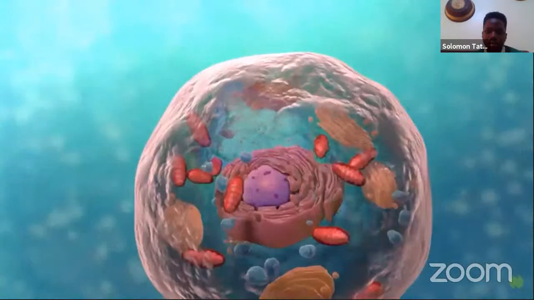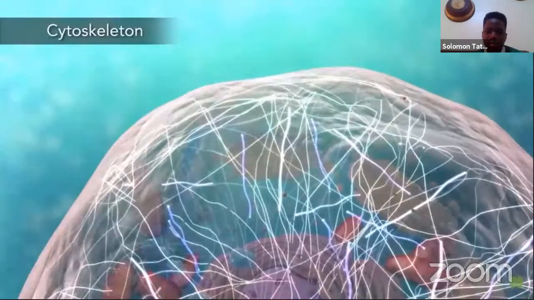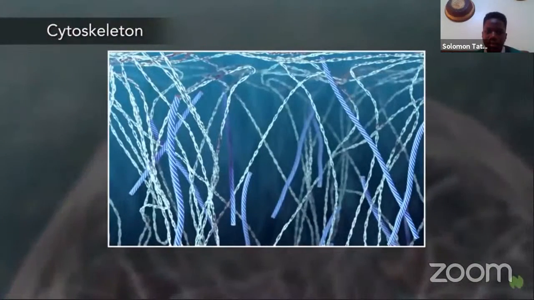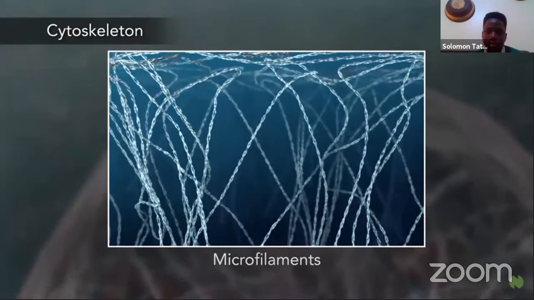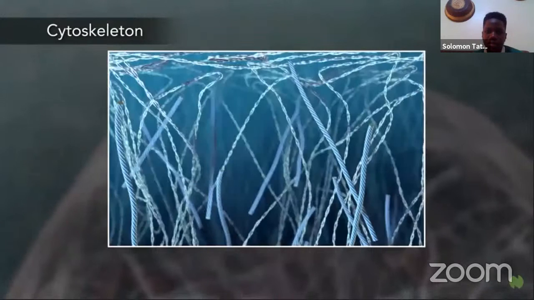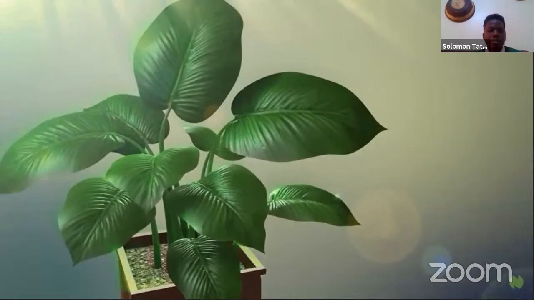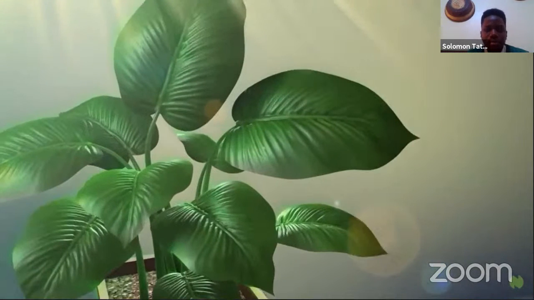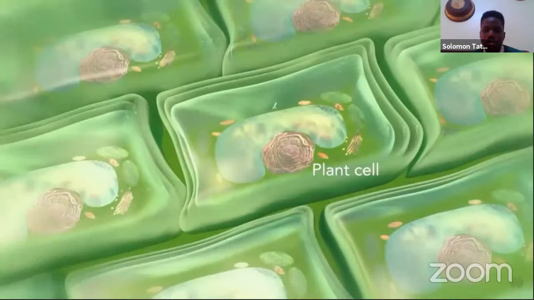Meanwhile, the cell maintains its shape through a cytoskeleton. The cytoskeleton includes the thread-like microfilaments, which are made of protein, and microtubules, which are thin, hollow tubes. Some organisms, such as plants that are photoautotrophic, meaning they capture sunlight for energy, have cells with an organelle called a chloroplast.